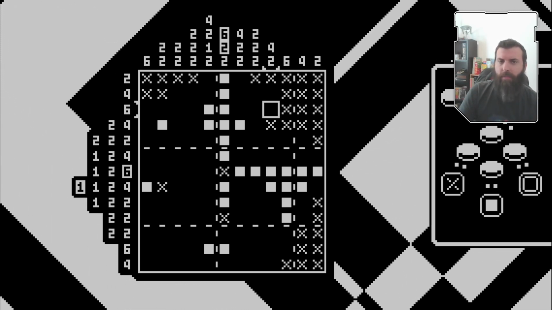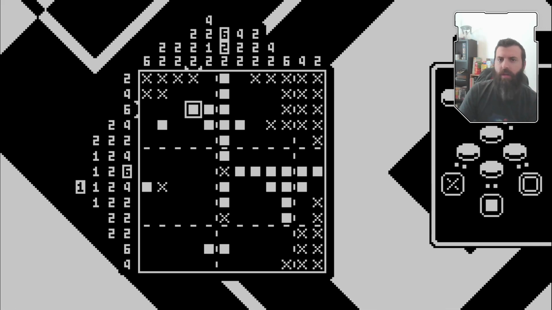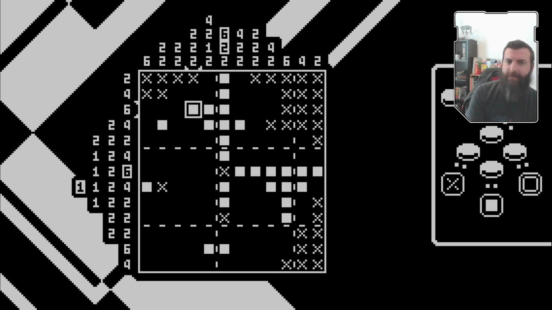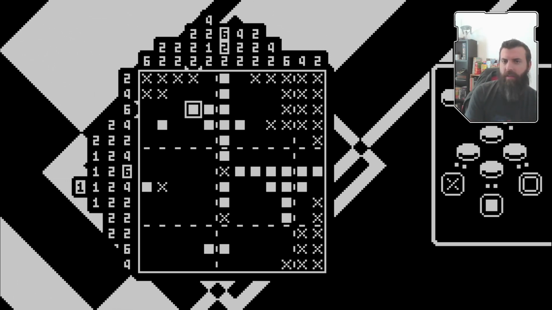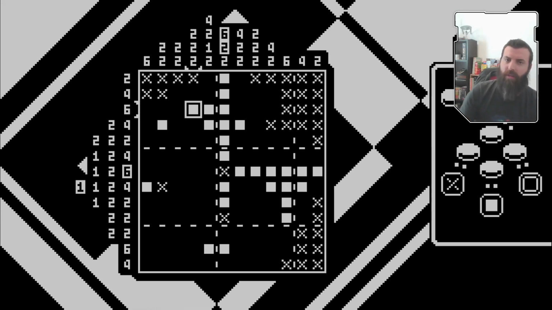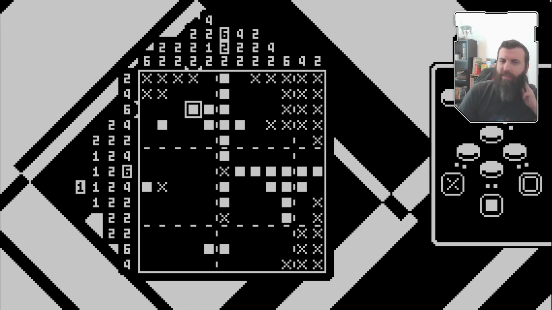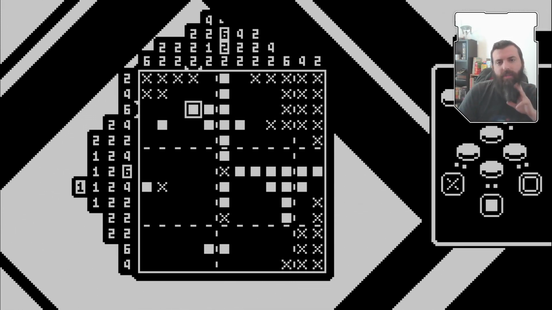Because of this spot being X'd out, this pixel has to be filled in. Satisfy the 6, that'll super help us.